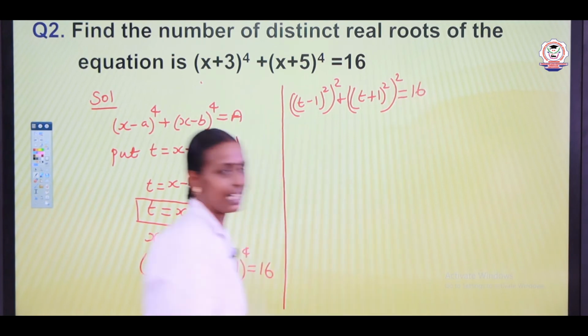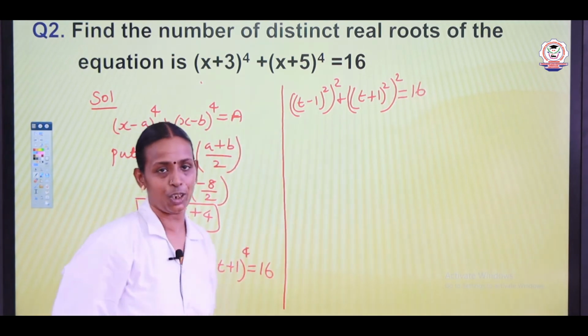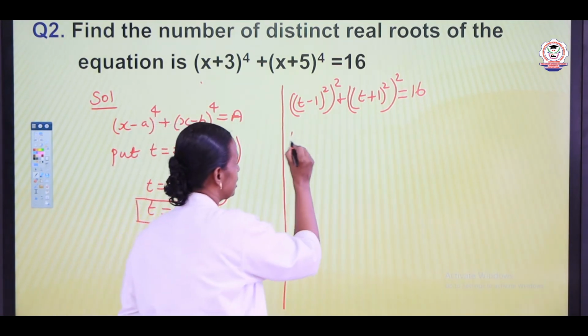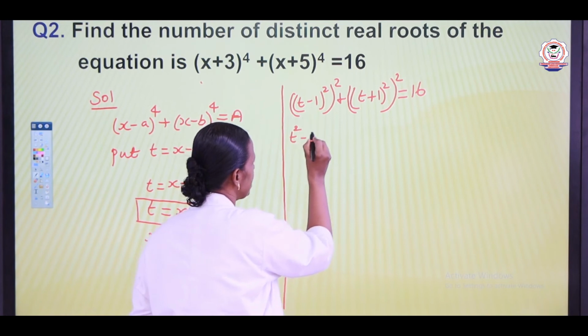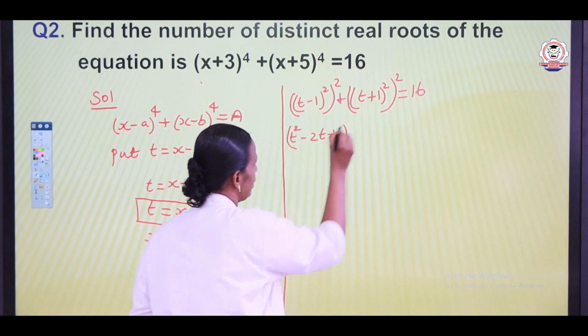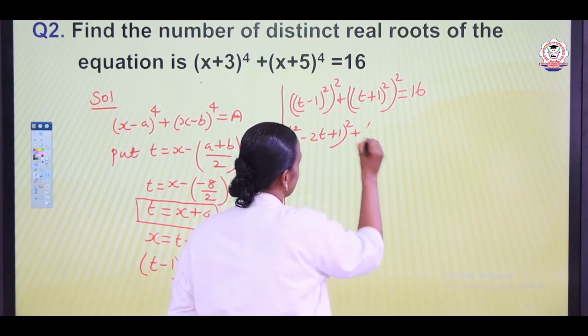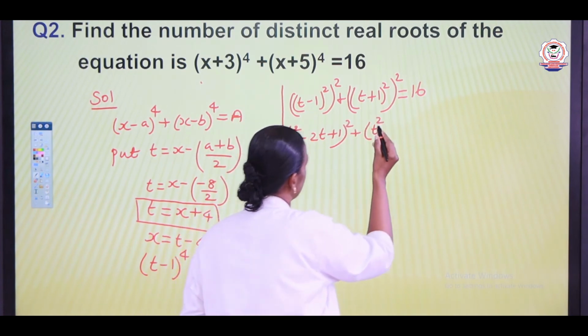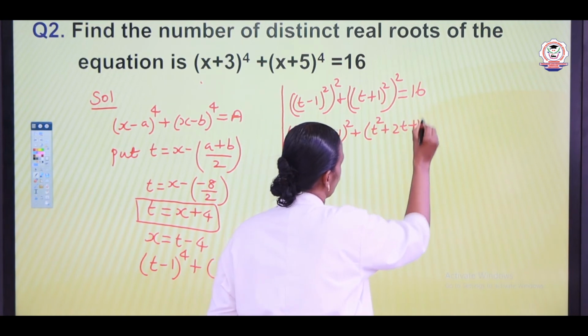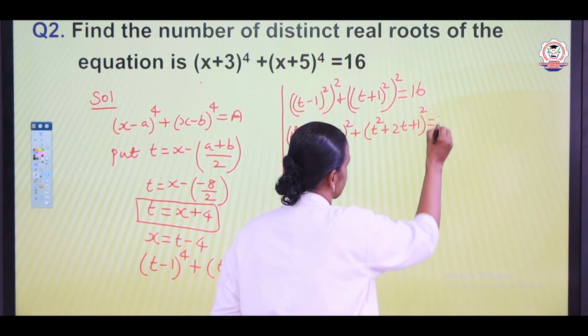Now, you have to expand this one, using the (a plus b) the whole square formula and (a minus b) the whole square formula. That is nothing but (t square minus 2t plus 1) the whole square plus (t square plus 2t plus 1) the whole square equal to 16.